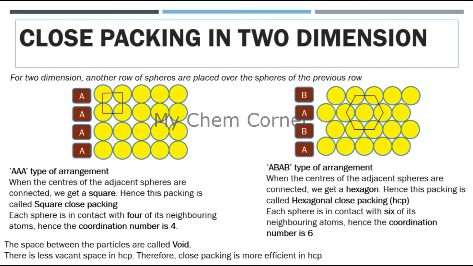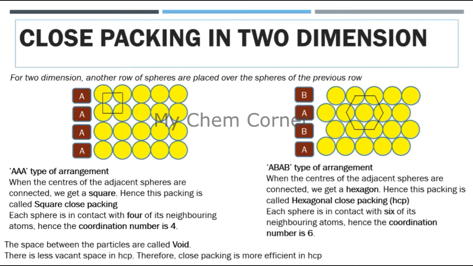That's when we say it is closely packed or tightly packed. So between the square close packing and the hexagonal close packing, which one has lesser space in between the particles? The hexagonal close packing. So that means close packing is more efficient in a hexagonal when compared to square close packing.